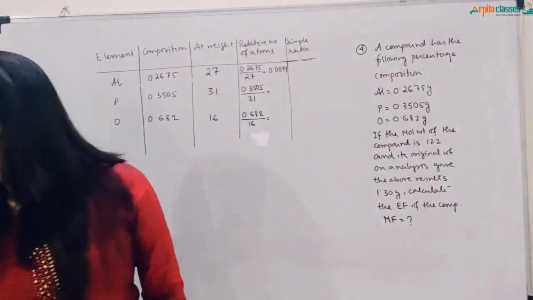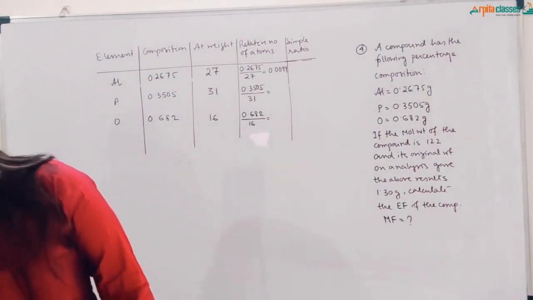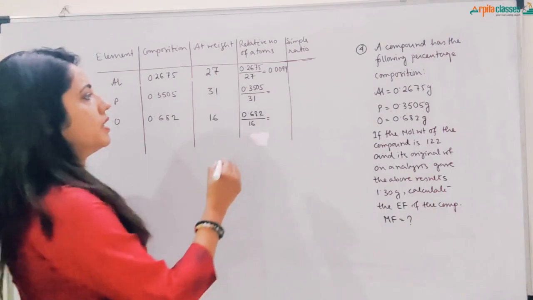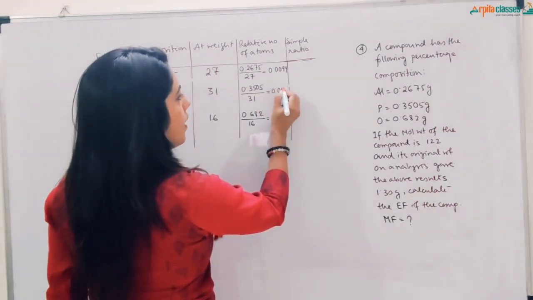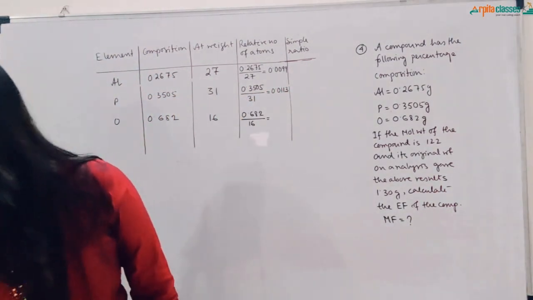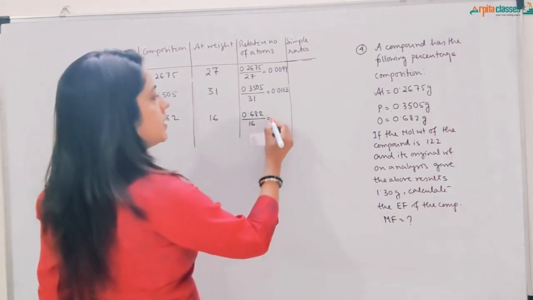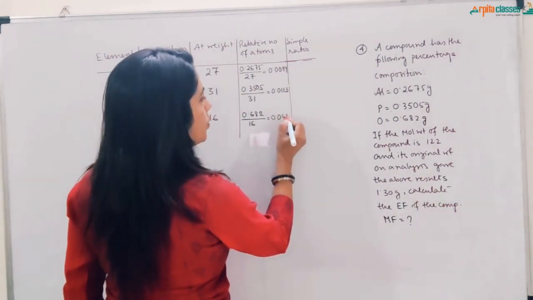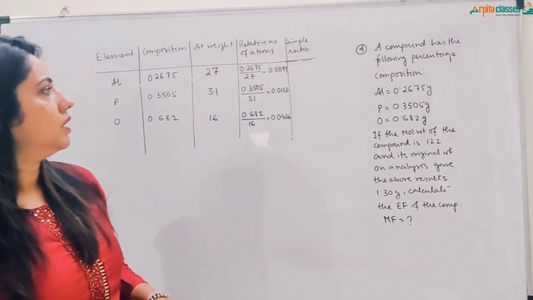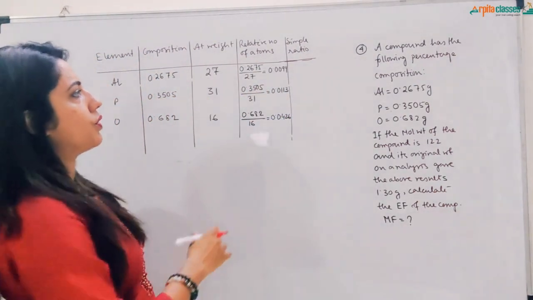The next one is 0.0113, and the next one is 0.0426. So here the lowest value is 0.0099.